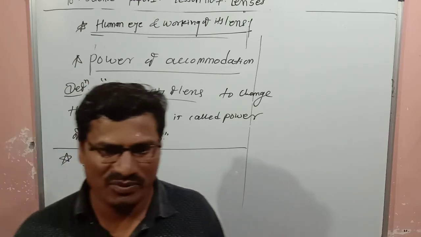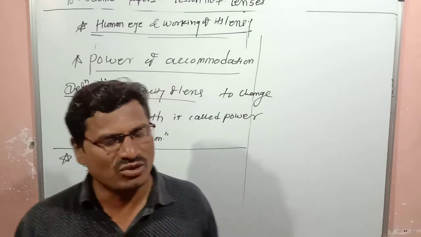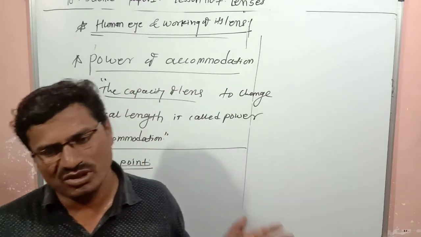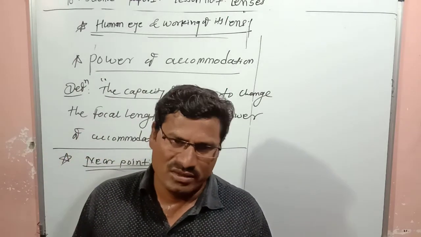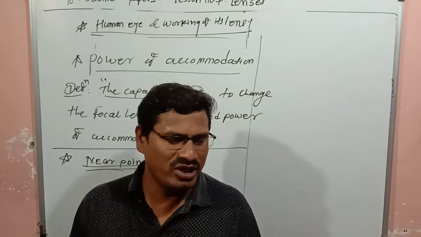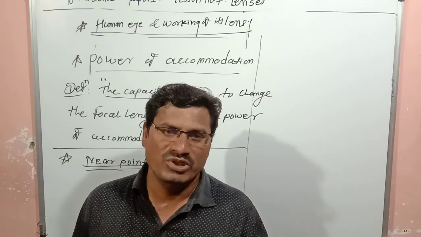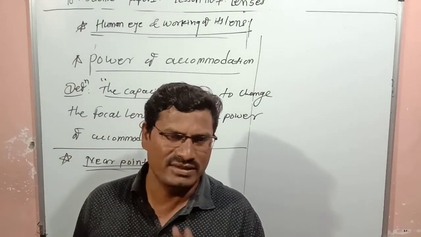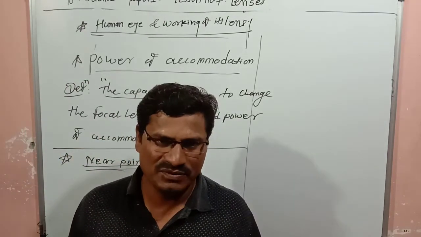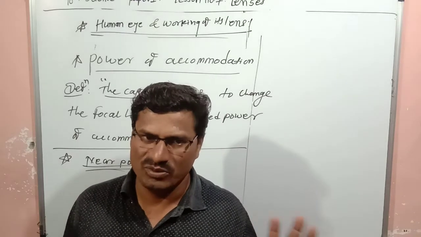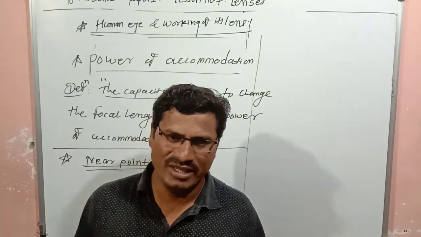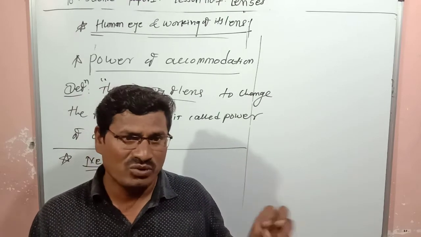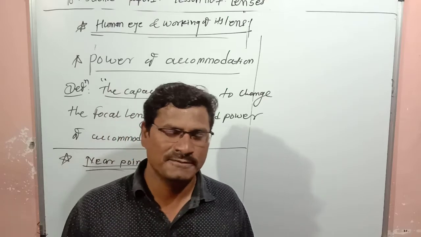The definition: the minimum distance of the object from the normal eye at which the object can be seen clearly without stress on the eyes is called the near point.